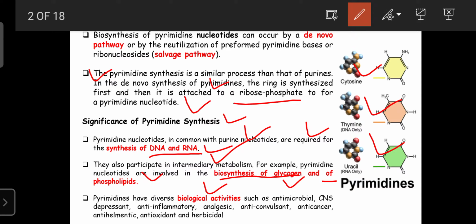So the microorganism growth can be stunted. For that reason, whatever pyrimidine derivatives there are, they are used as antimicrobial agents. Their basic molecule is pyrimidine, or they are synthesized from the basic pyrimidine molecule by structural modifications.